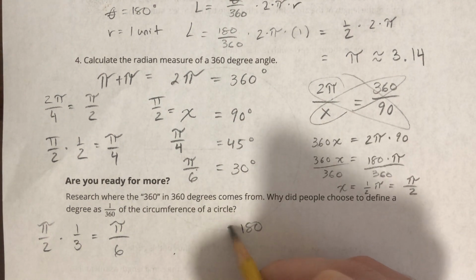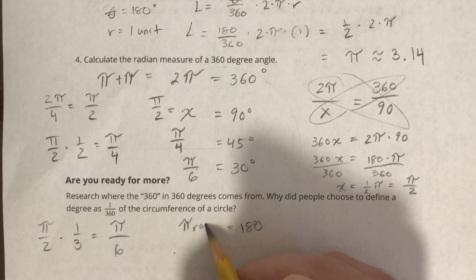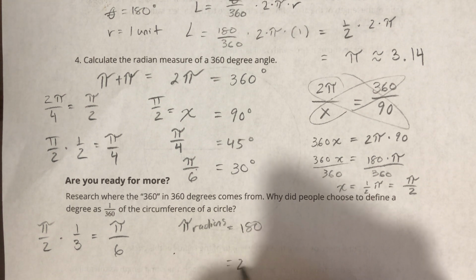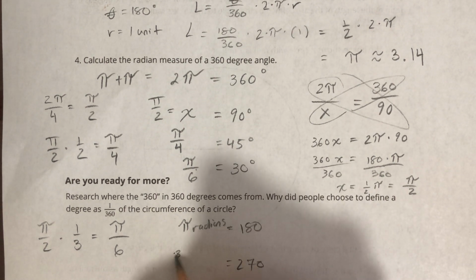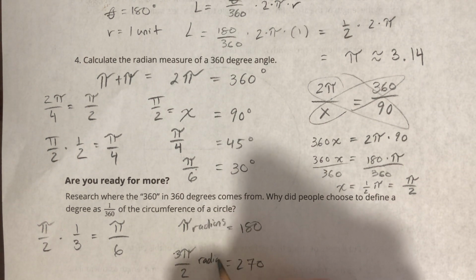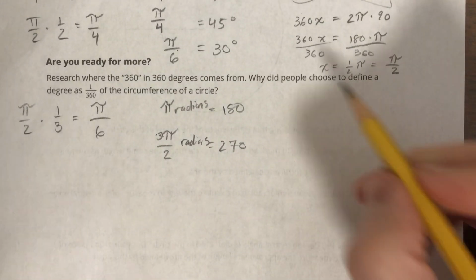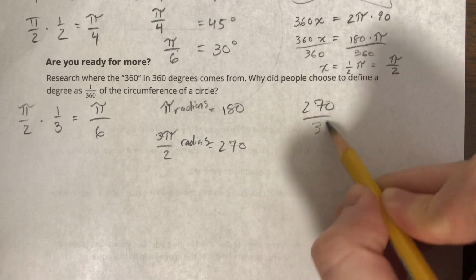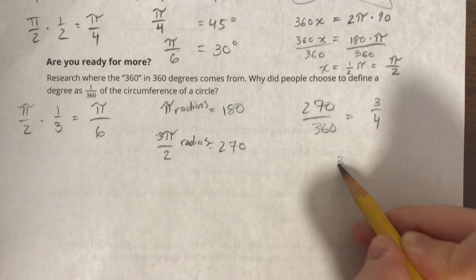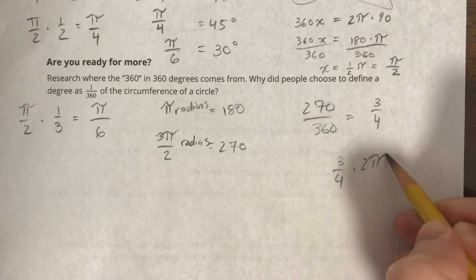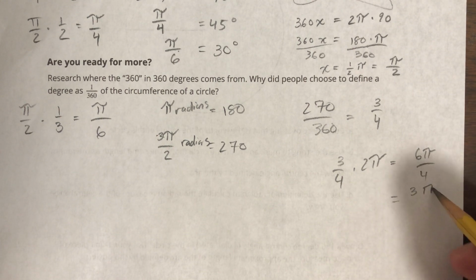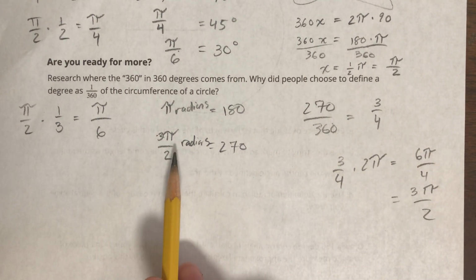We just talked about 180 being equal to pi radians. 270 is going to be 3 pi over 2 radians, right? 270 over 360 equals 3/4. So 3/4 of 2 pi is equal to 6 pi over 4, or 3 pi over 2. That's where we're getting that measure from.